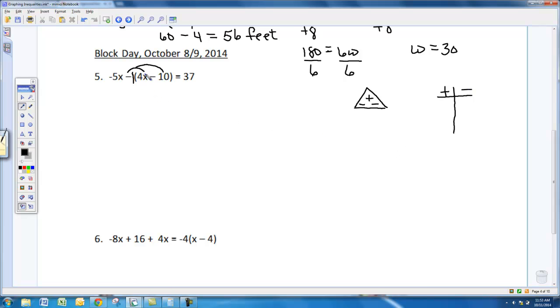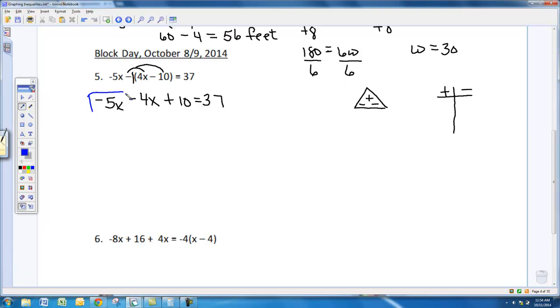Negative 1 times positive 4x is negative 4x. Negative 1 times negative 10, negative times negative, is positive 10. Bring everything down. Now we need to combine like terms.